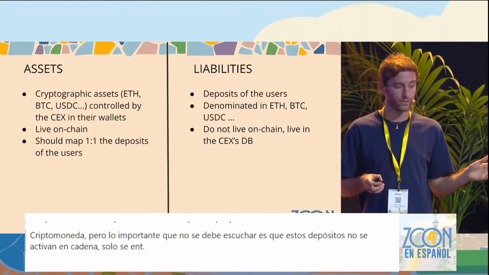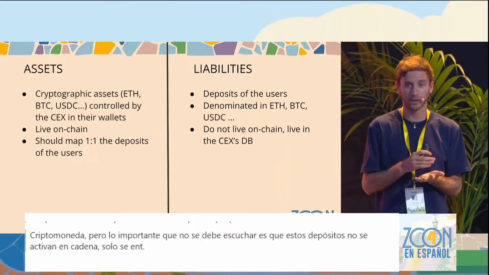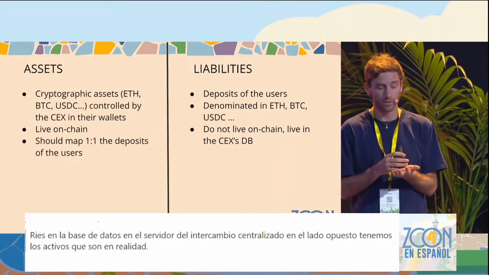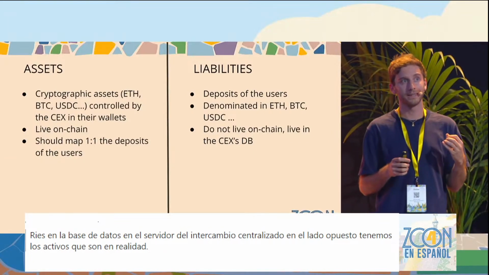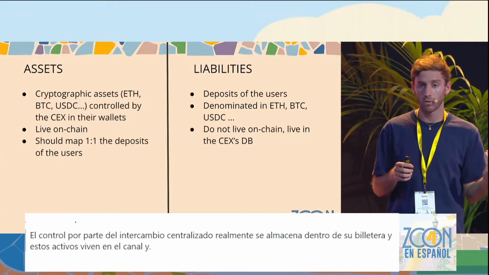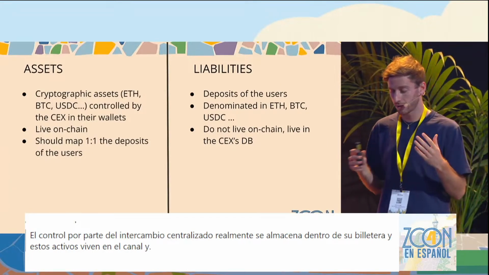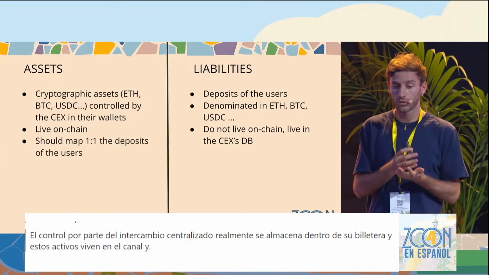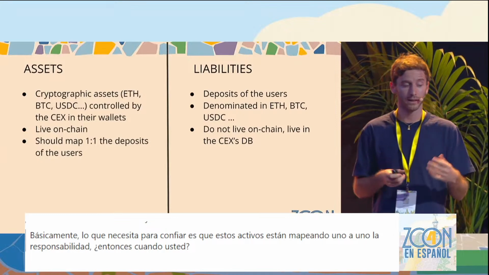On the opposite side, we have the assets that are actually controlled by the centralized exchange, stored within their wallets. And these assets live on chain. What you basically need to trust is that these assets map one-to-one to the liabilities. So whenever you buy a Bitcoin on a centralized exchange, you trust that the exchange is actually buying one Bitcoin and storing it in their wallets.